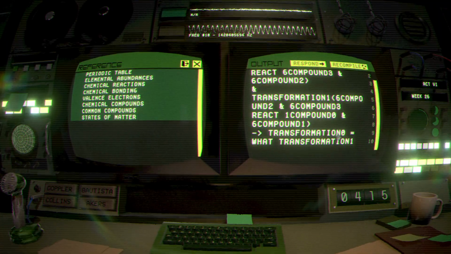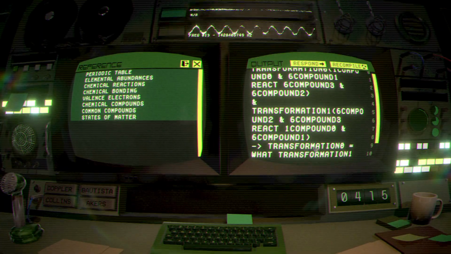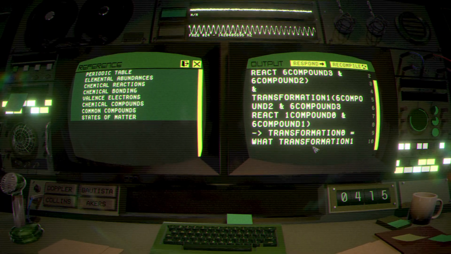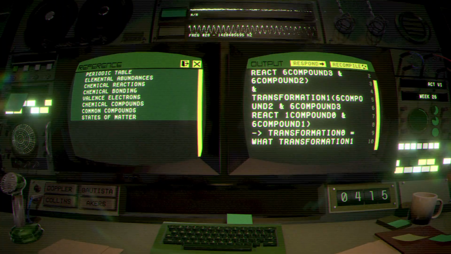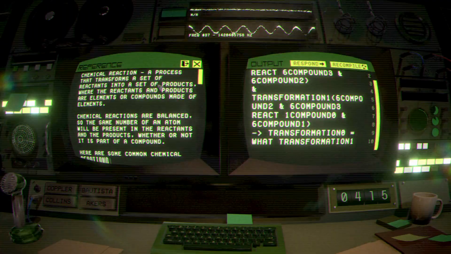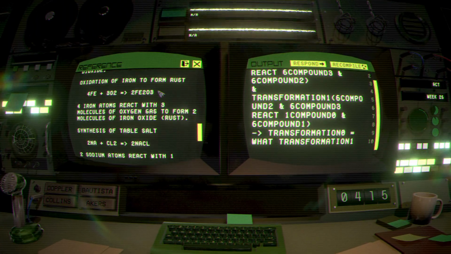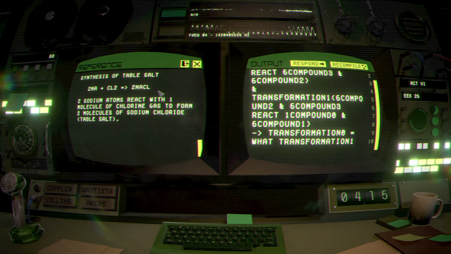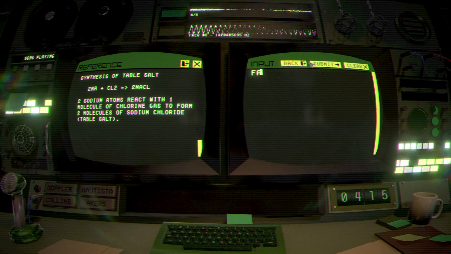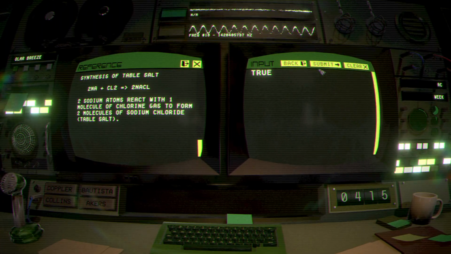Then, transformation 0. True? No, because it equals something.